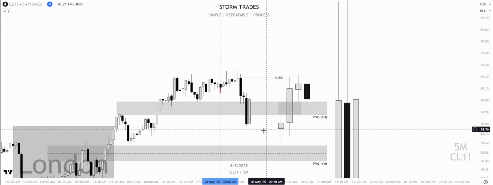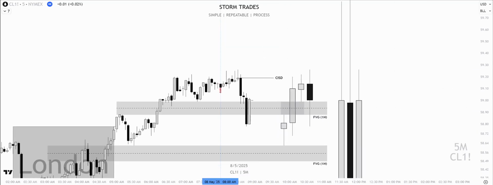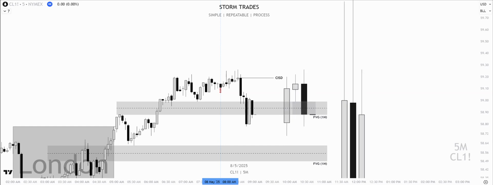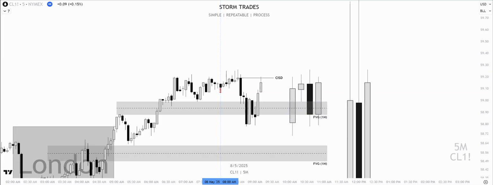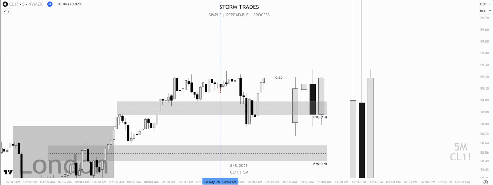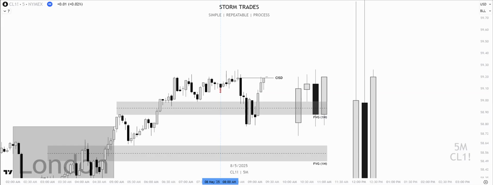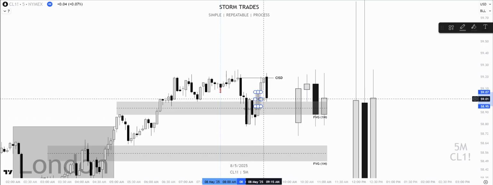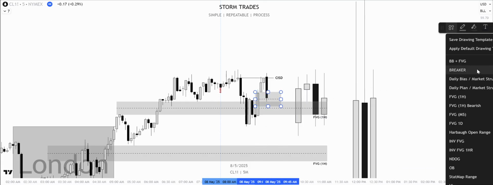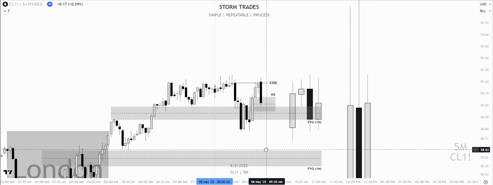Okay, so I'm just still watching price. Now we came back down here and entered into this 5-minute fair value gap.